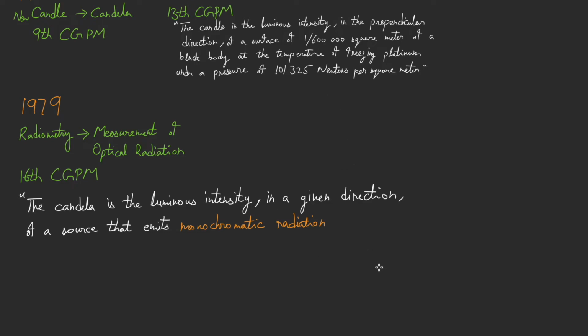The frequency chosen was 540 multiplied by 10 power 12 hertz, and it does not change. It is the constant frequency. That's why it's called monochromatic radiation.